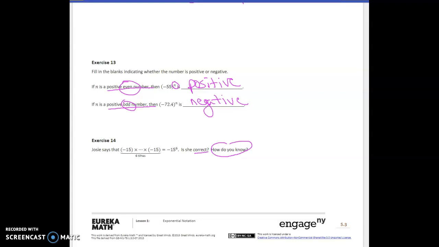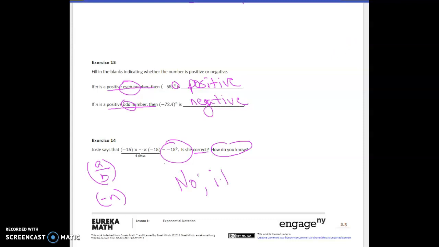But if you remember way back at the beginning of the lesson, anytime you have a fraction or a negative base, you have to put it in parentheses. And this right here is not in parentheses. So is she correct? It's kind of a technicality, but it's a big one. It's important. We would say no.